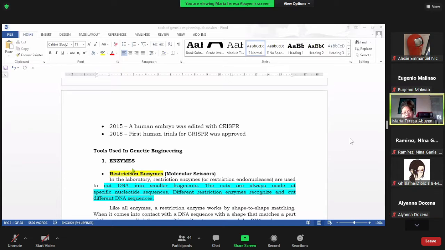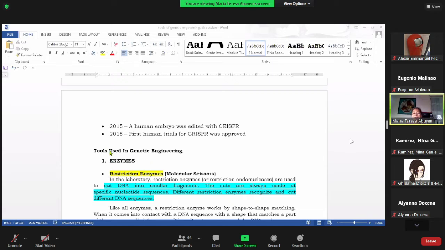Okay, so we will continue with the tools in genetic engineering, which, as I said just a while ago, is our highlight for today's discussion. In genetic engineering, we actually use tools to modify a certain cell, or to modify a certain organism.